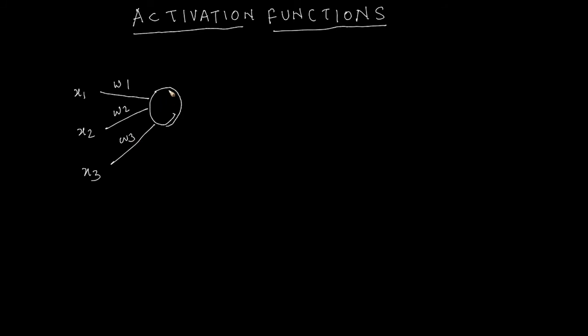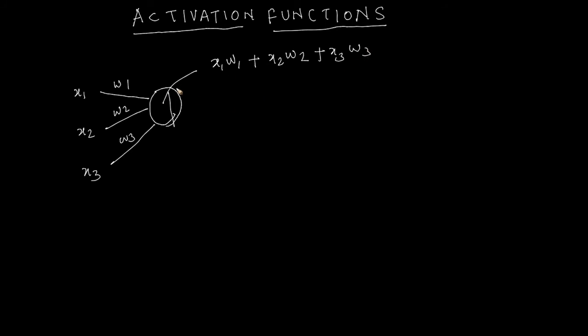Now what happens in this neuron? Here, we take the sum of products of weights and inputs. So this input x1 gets multiplied with w1, plus this input gets multiplied with this weight, plus x3 gets multiplied with w3.